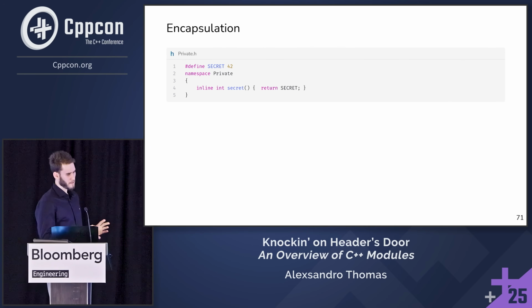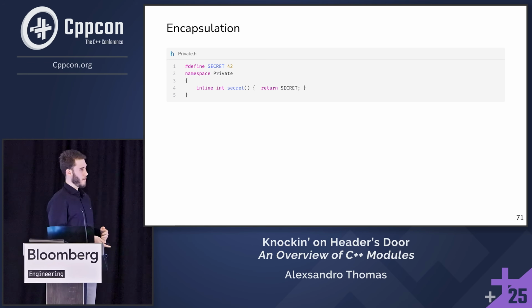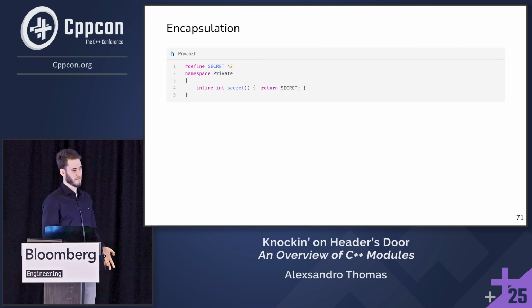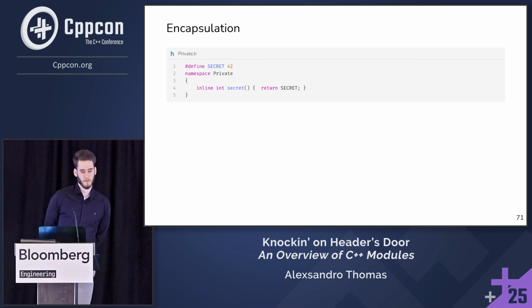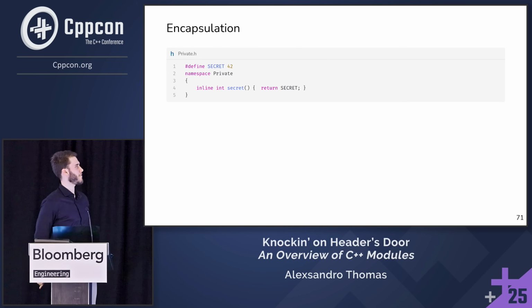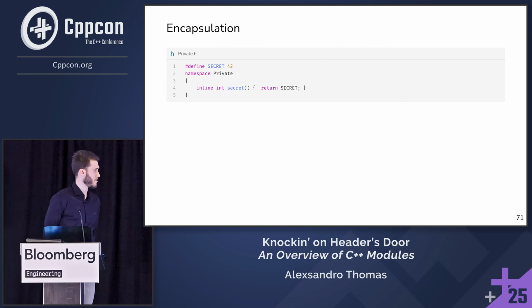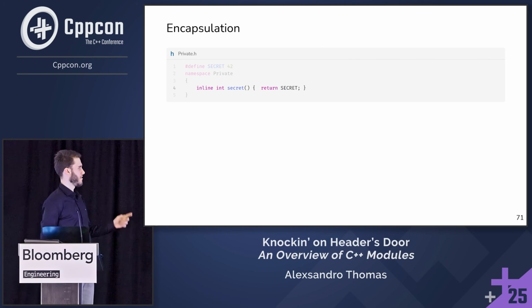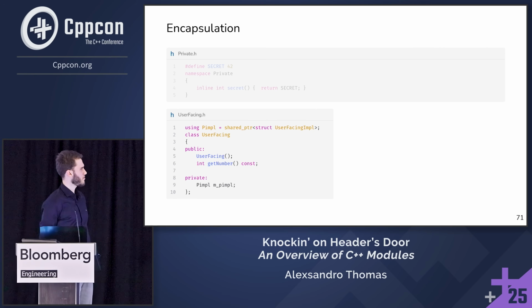And also one thing that is really important to keep aware is that there's a lot of dependency chaining and breaking in C++ whenever you want to make a large code base. And one example for that is to make, for example, a Pimpl idiom. So if we take a look at this private header that we don't want to make available to any users, you define this secret macro and then we use it inside of this secret function.